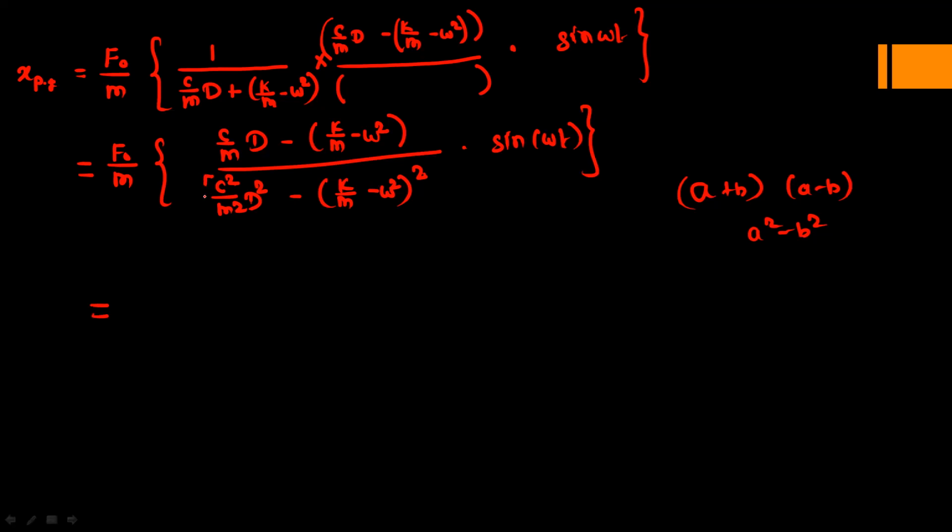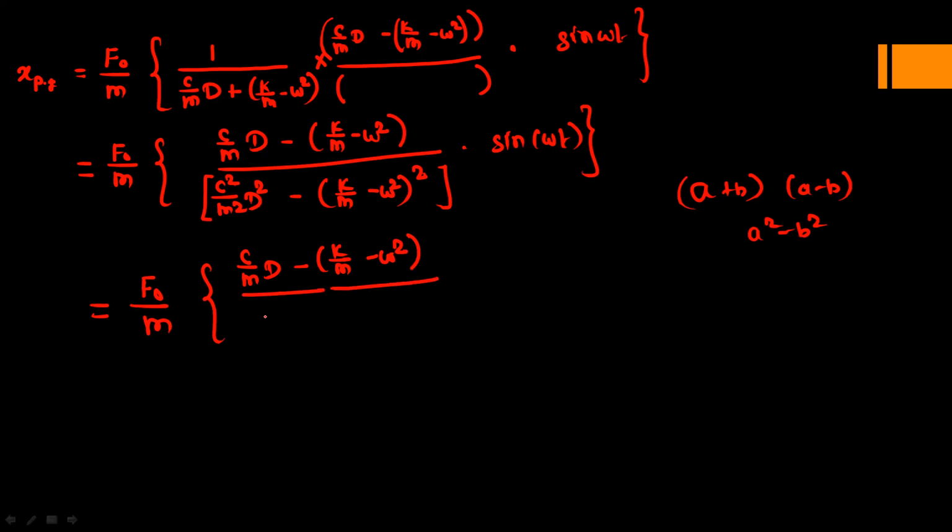And now we can cancel out D operator by replacing minus omega square. Okay, so F0 upon M, replace this by minus omega square, so it is minus C square M square omega square minus K upon M minus omega square bracket square into sine omega t.